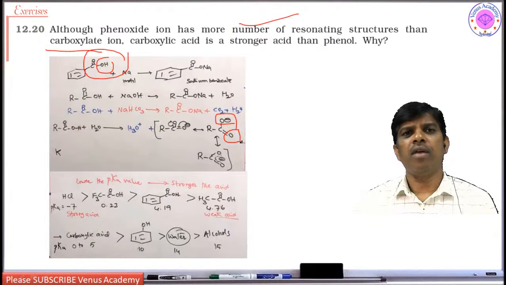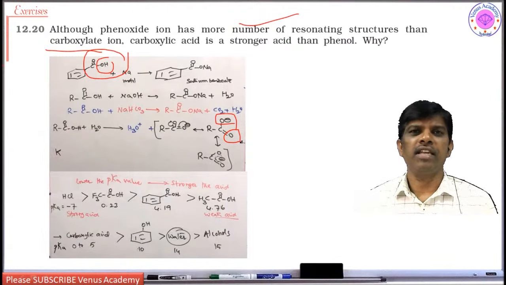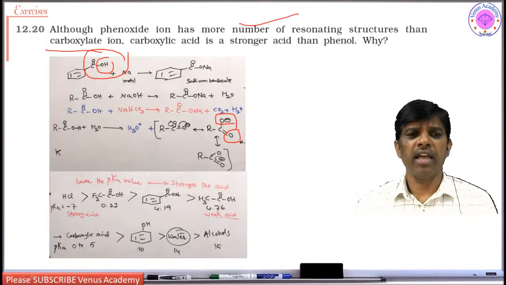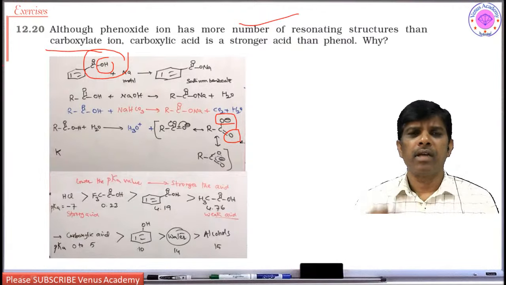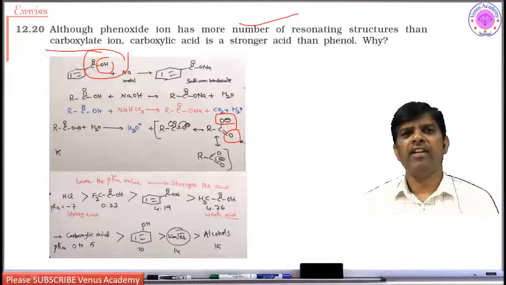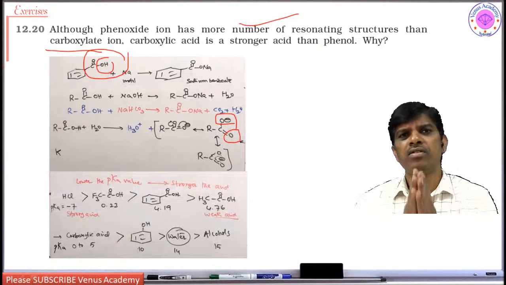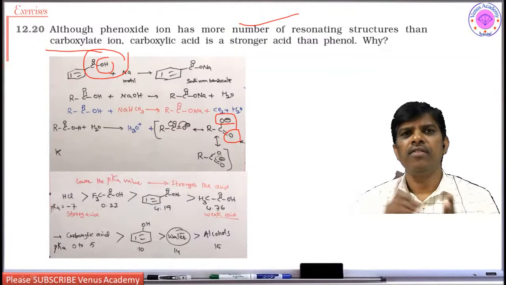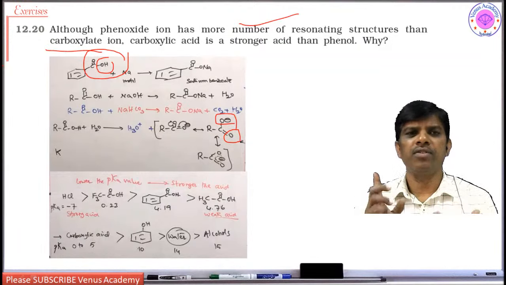Phenol will not form salt with weak bases like sodium carbonate and sodium bicarbonate, whereas carboxylic acid forms salt with sodium bicarbonate and sodium carbonate along with sodium hydroxide. Phenols form salt only with sodium hydroxide.